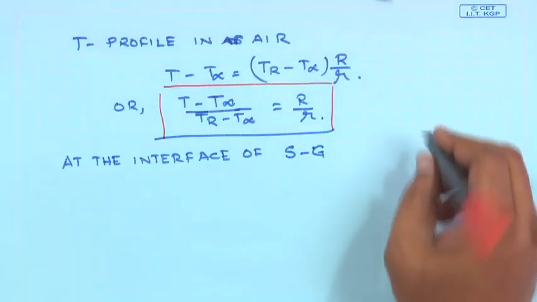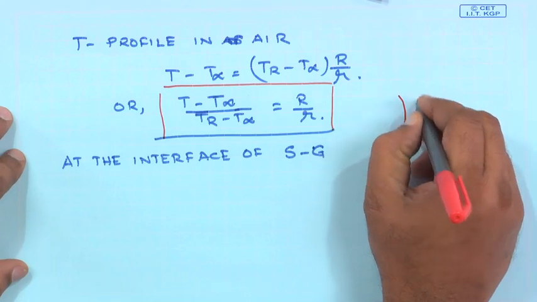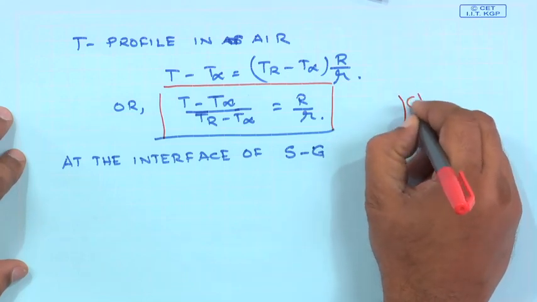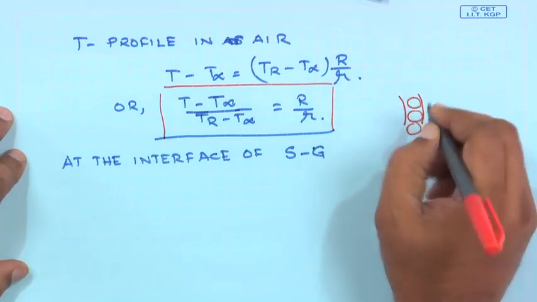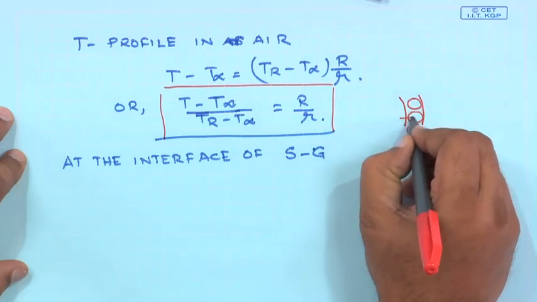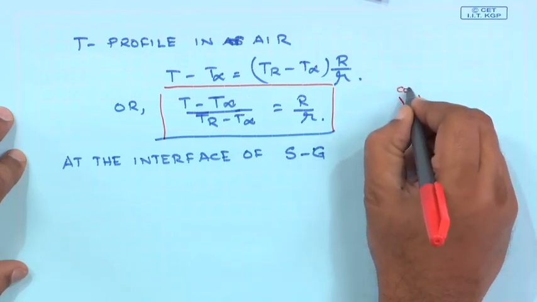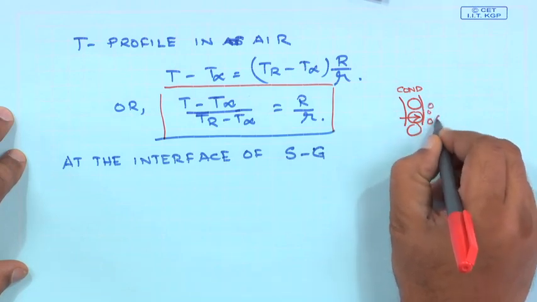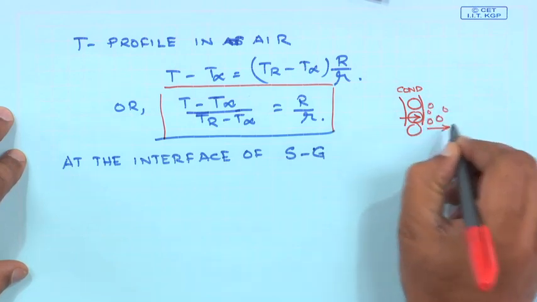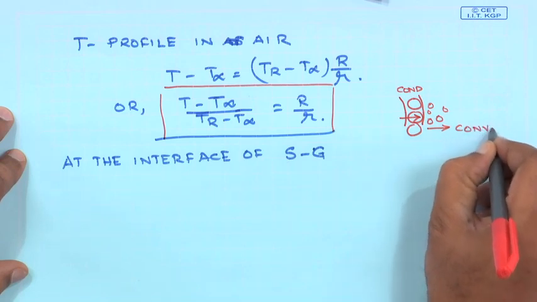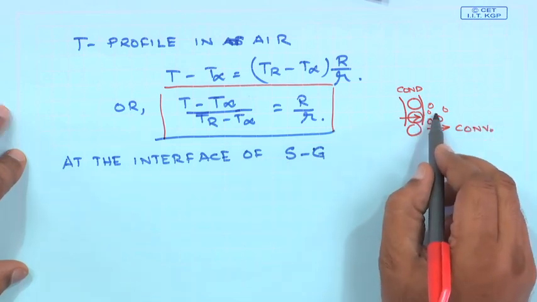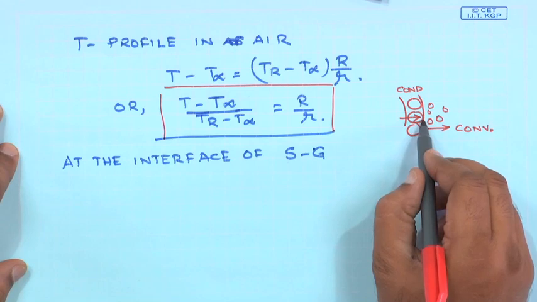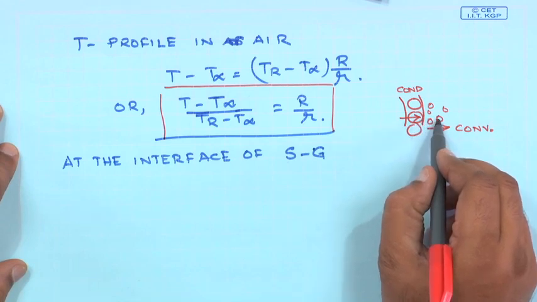If I think of this as my immobile layer of the gas molecules, then heat is going to get transferred by conduction over here, and over here the molecules are mobile. So, heat is going to transfer by convection for the layer of molecules which are situated just outside of the interface and are free to move.